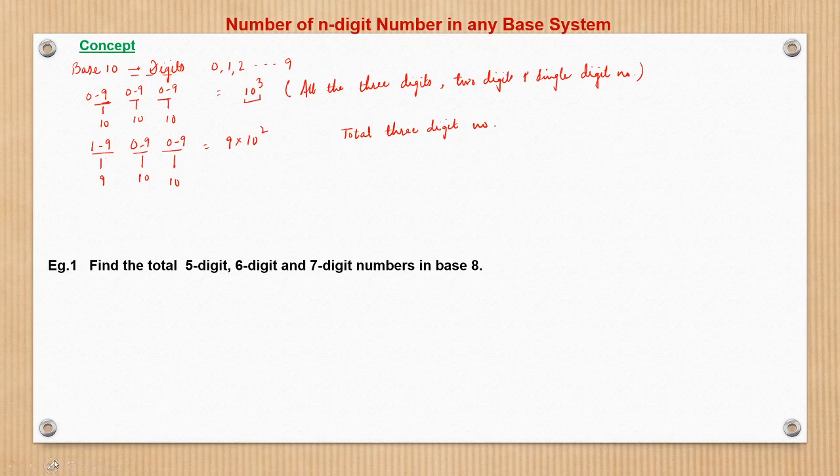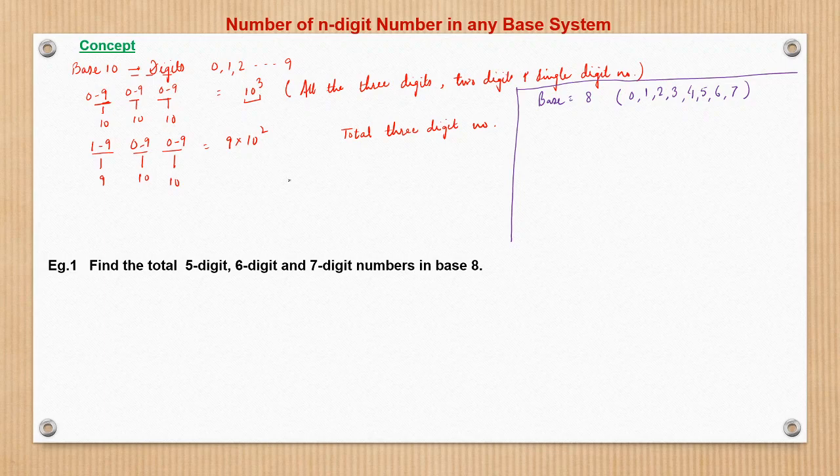Now let us take some other random base. Say the base is 8. In the case of base 8, what are the permitted digits? They are 0, 1, 2, 3, 4, 5, 6, and 7, right? These are the digits which are permitted in base 8.